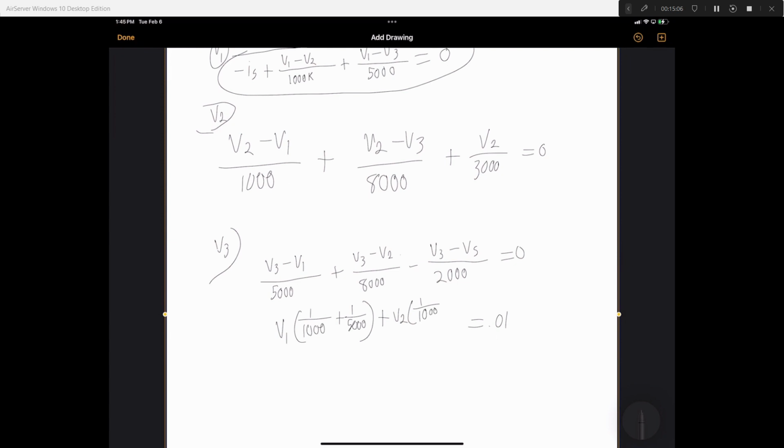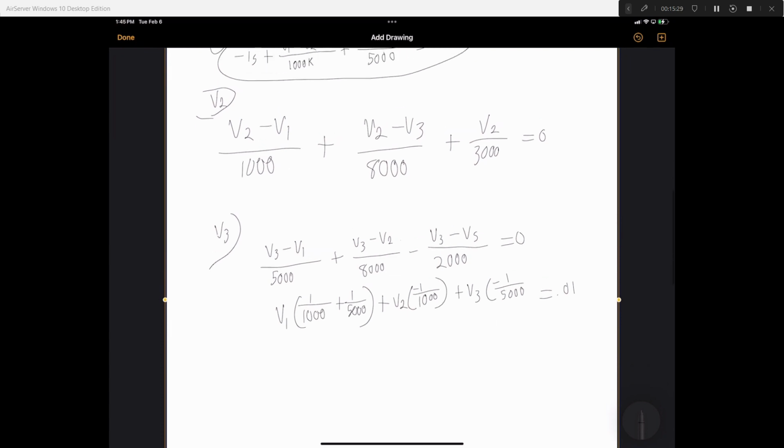This number is negative, though. Let me move this over. We have v3 also. Negative 1 over 5,000. So we have 1, 2, 3, 4. Okay, we're good. Alright, that's the first one.